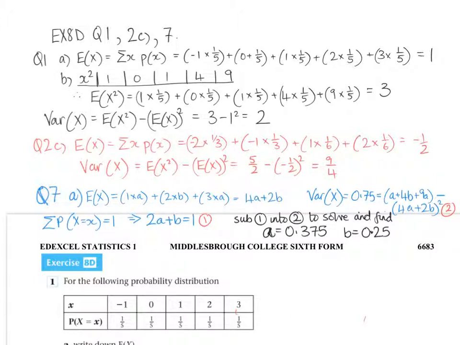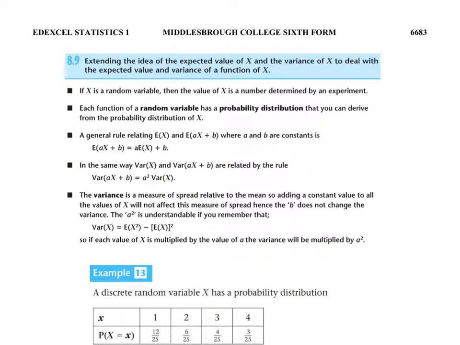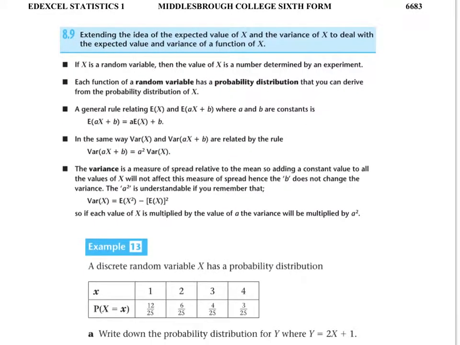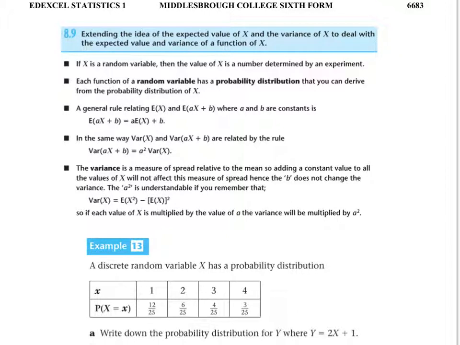We'll now move on to the next section, which is on page 21, and it's 8.9. We're just going to be extending the idea of expected value and the variance to deal with a function of x.